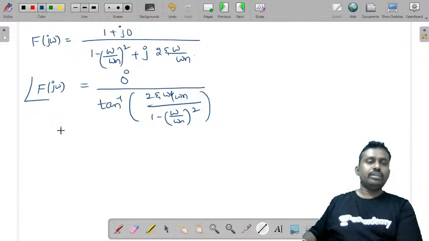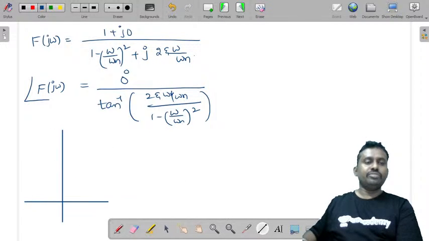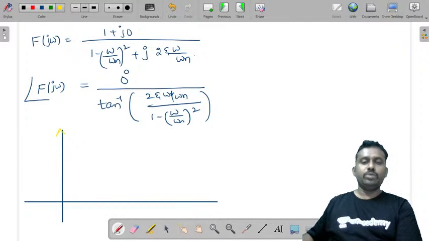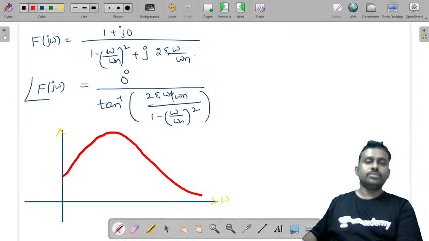Now let's plot the graph between magnitude and frequency. You'll get a plot like this. This is the magnitude of F of j omega versus frequency.